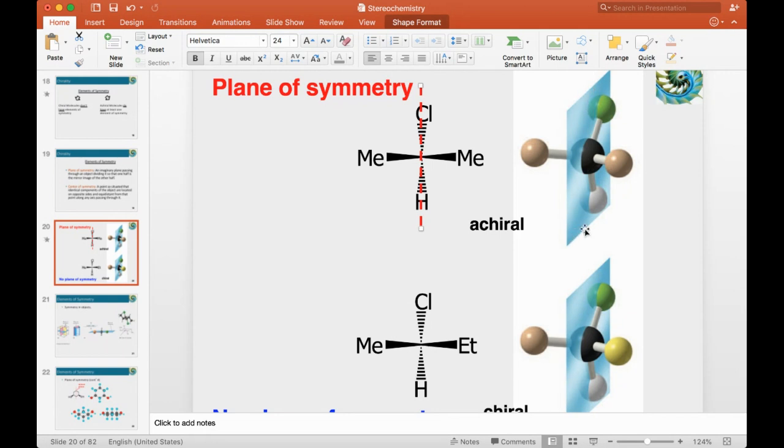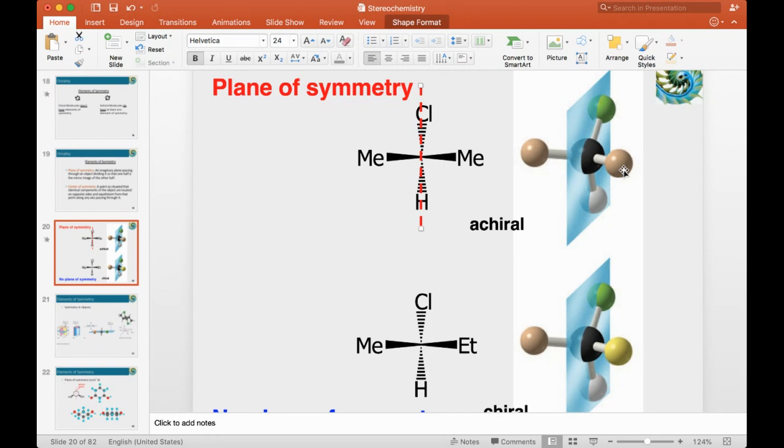This plane is dividing the molecule in two sides, a right side and a left side, and they are the mirror image of one another. Same groups, and one is the reflection. So a plane that divides the molecule in two sides that are the reflection of one another, that is a plane of symmetry. Therefore, any molecule having a plane of symmetry will be classified as achiral.